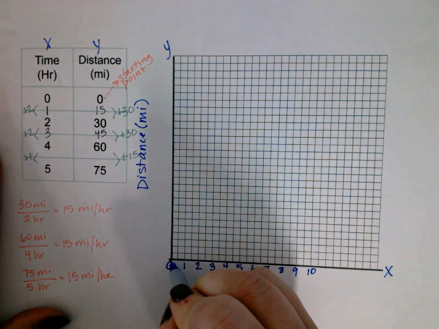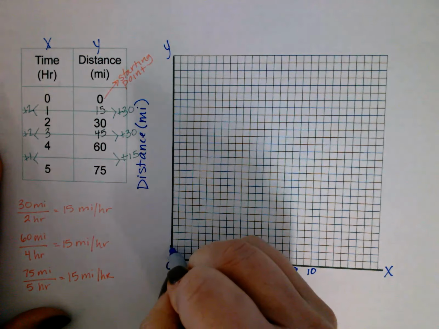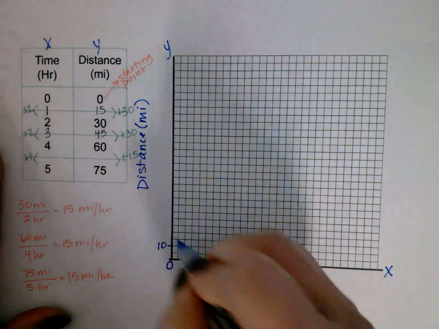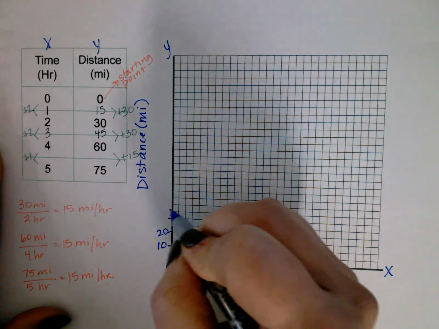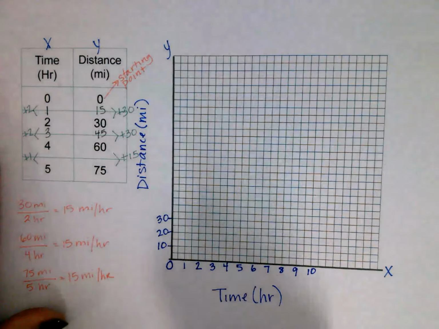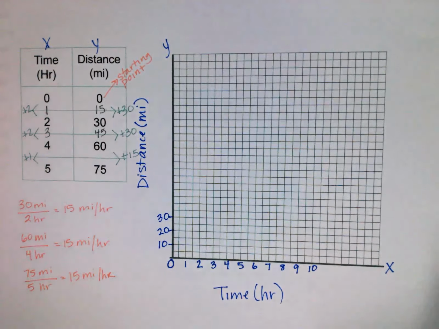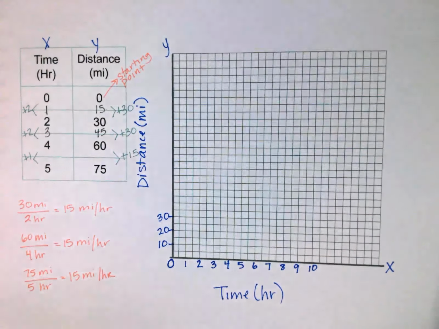I want us to start with 0 in the corner and then skip to 10, skip to 20, skip to 30, and I'm going to stop talking out loud so we don't goof, and I would like you to go all the way to 100.